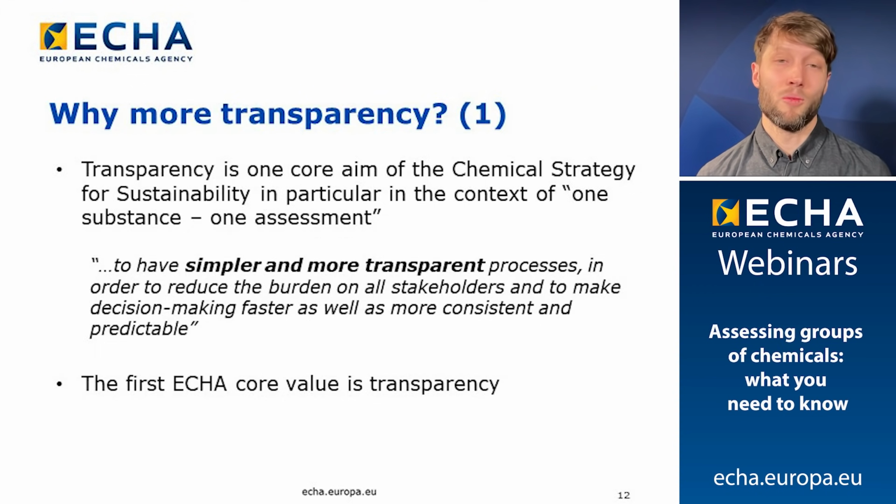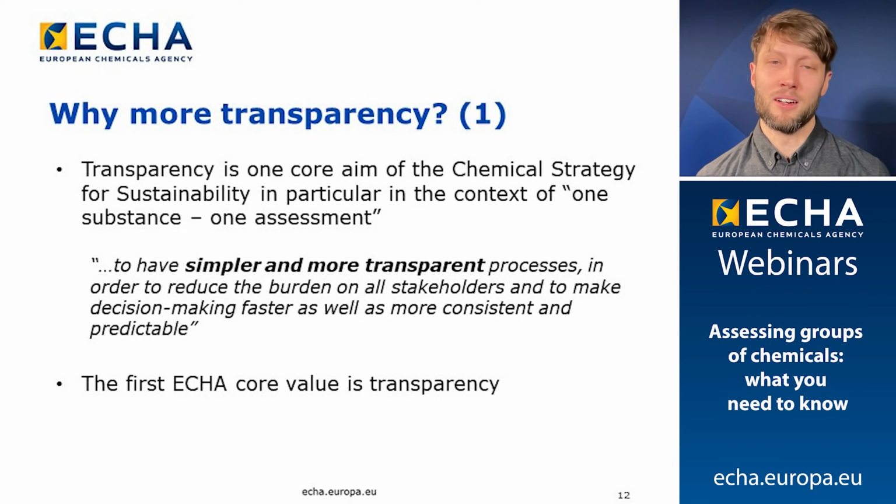So why more transparency? In general, transparency has a very high value for ECHA. It is one of the core aims of the chemical strategy for sustainability. For example, in the context of one substance, one assessment, and to quote the chemical strategy for sustainability, it says to have a simpler and more transparent process in order to reduce the burden on all stakeholders and to make decision-making faster, as well as more consistent and predictable.